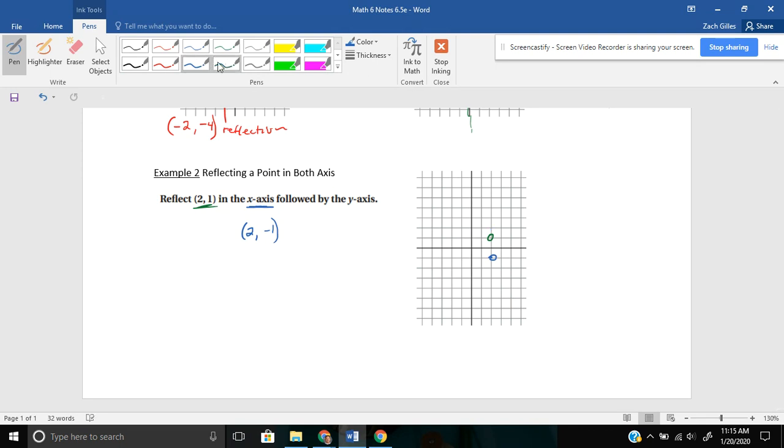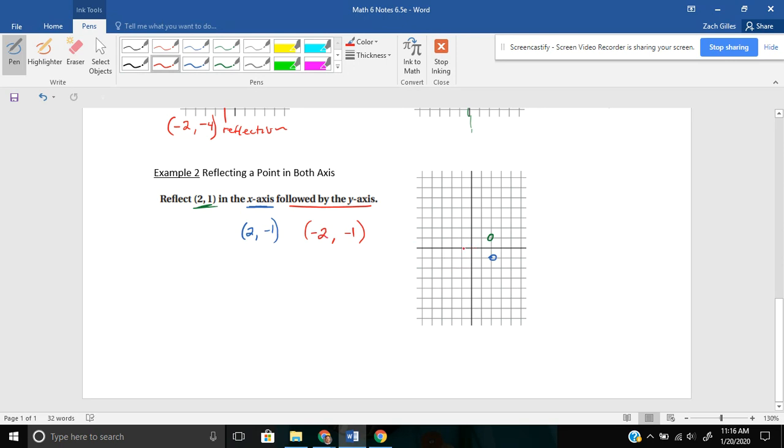And then pay close attention to the wording followed by the y-axis. So I go from this latest point to following that with a reflection in the y. Well, remember when I reflect in the y, I keep the y the same. So I'm going to keep -1 the same. And I'm going to change my x to its opposite. So the opposite of +2 would be -2.